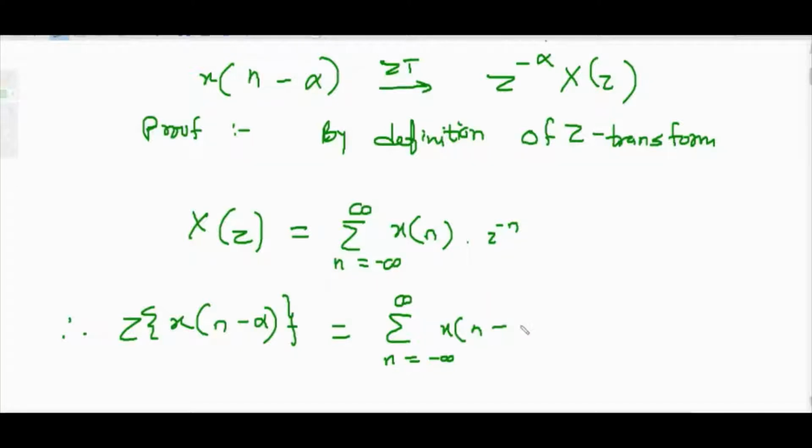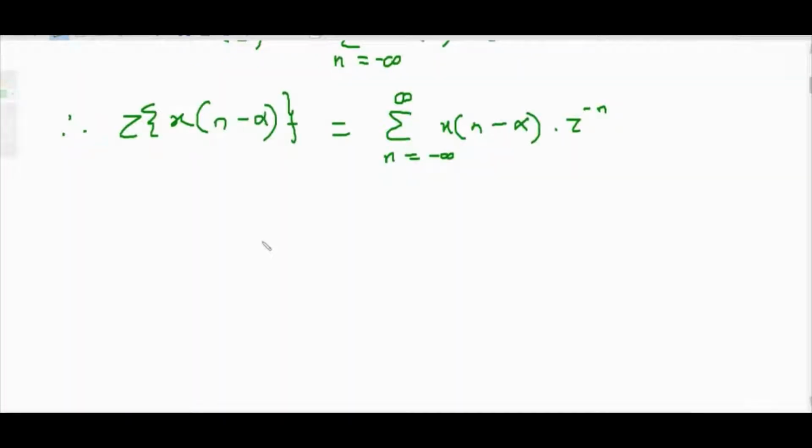Now use a substitution: put n minus alpha as k, so n equals alpha plus k.